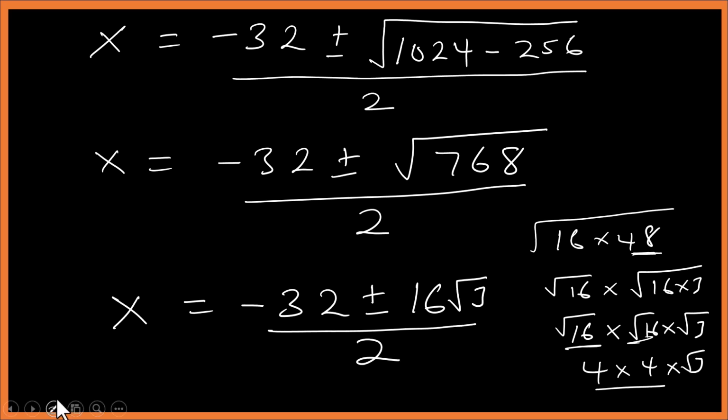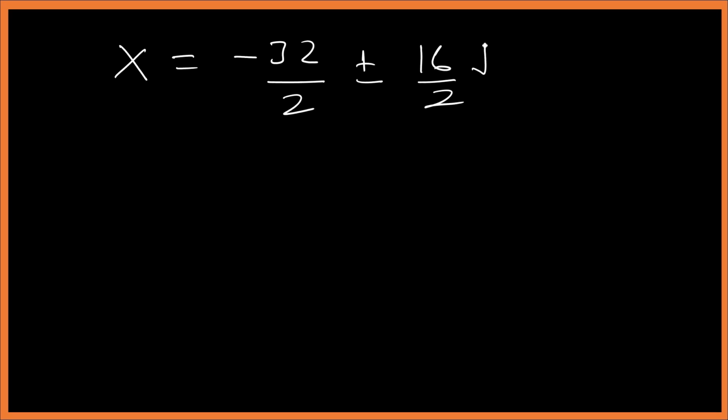Okay, so it is the same as x equals 32 on 2 plus or minus 16 on 2 root 3. So 2 here, 1, 2, so 16, and 2 here, 8, so 2, 8, 16, root 3.